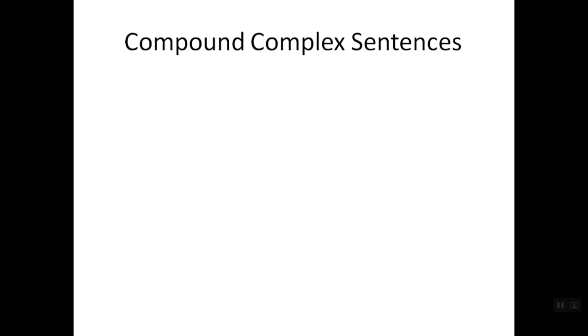Compound complex sentences, and this is the fourth kind or type of sentences. Number 1. When the bell rang, the students ran to their seats and the teacher began the session. Let's analyze this together.